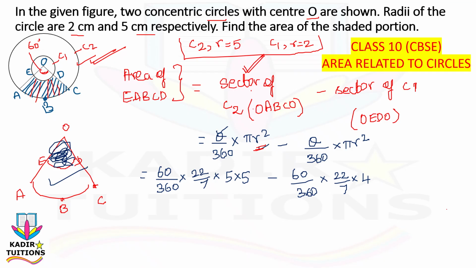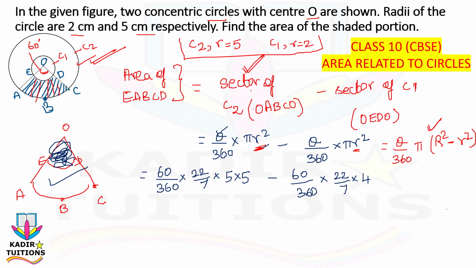Now we are going to solve this. Either we can do it like this or we can use one more formula. Here theta by 360 and pi are common, and the only difference is the radius. You can keep the radius of the big circle as capital R, so capital R square, and the small radius as small r square.